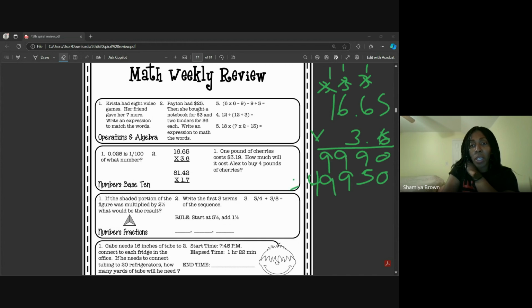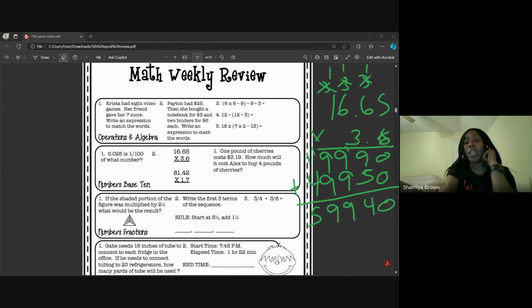So now I will add that up. Get 0. 9 plus 5 is 14. Carry my 1. 9 plus 9 plus 1 would be 19. Carry my 1 again. That's going to be 19. Carry my 1. And that's going to be 5. Up here I have 2 digits after my decimal, and down here I have 1 digit after my decimal.